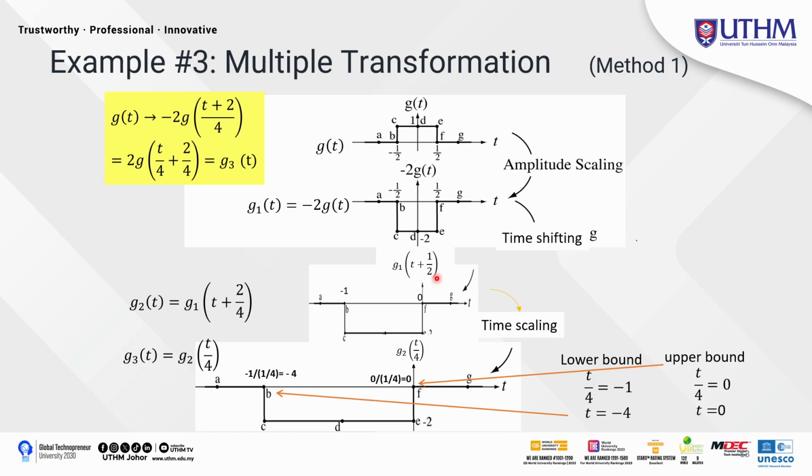This means we shift half a unit to the left. The whole graph, you shift to the left half a unit. Initially that is from negative half to half, so you shift half a unit to the left, and that will be from negative 1 to 0. So this is the time shifting.